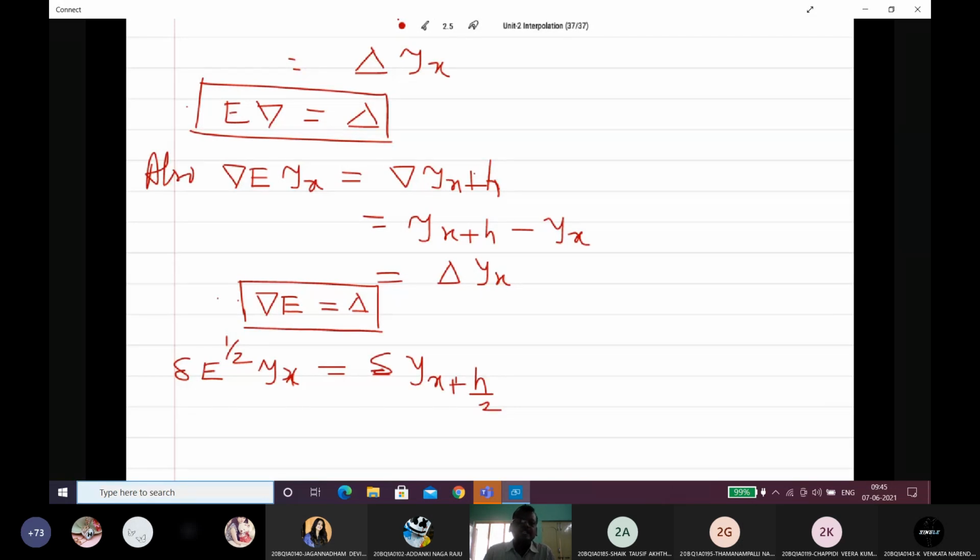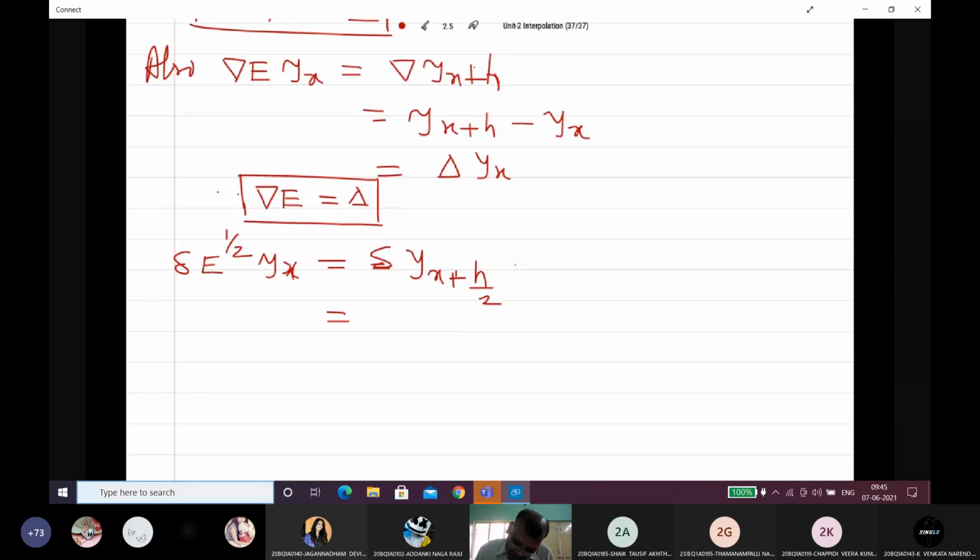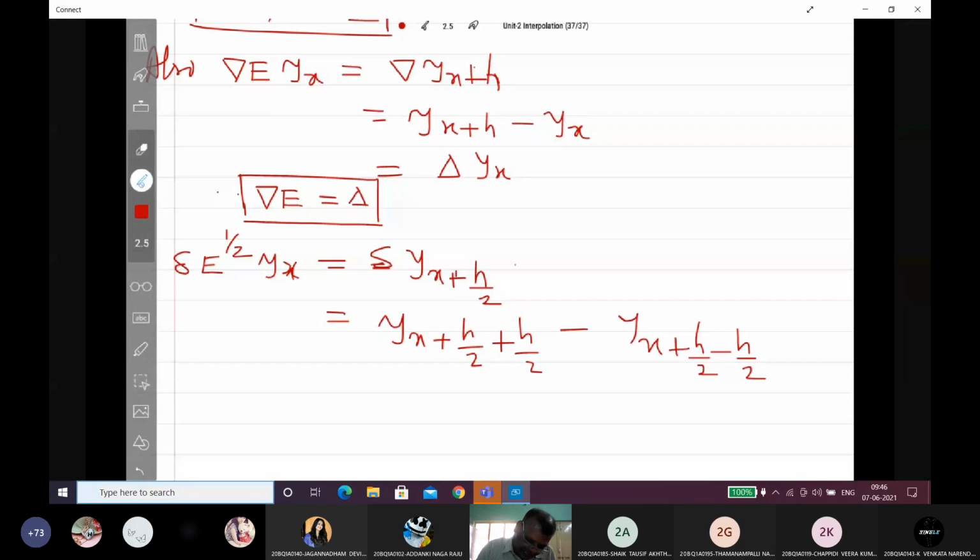Now delta of x plus h by 2 is equal to, what is the formula? Delta of f of x is equal to f of x plus h by 2 minus f of x minus h by 2. This is very clear, y of x plus h by 2 plus h by 2 minus y of x plus h by 2 minus h by 2.